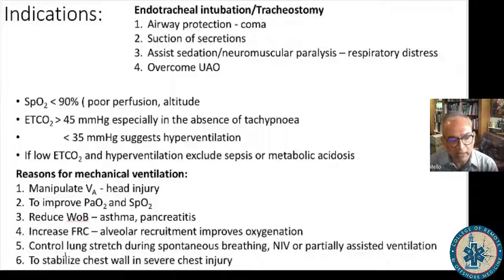And finally, chest wall injuries: when they're severe, the chest wall needs to be stabilized, and for this to be allowed, you need to sedate and give analgesia to the patient to tolerate mechanical ventilation.